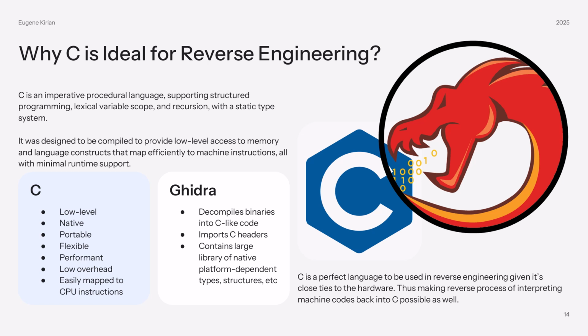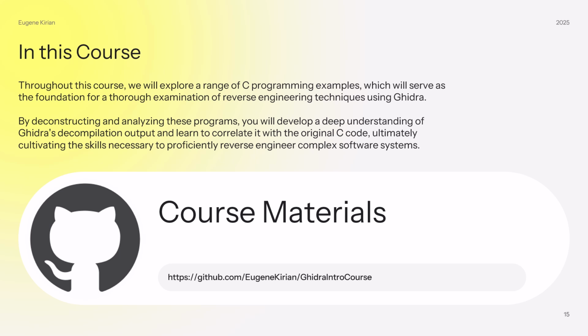Throughout this course, we will be exploring a range of C programming examples that will serve as a foundation for our journey into reverse engineering using Ghidra. By deconstructing and analyzing these programs, you will gain a deep understanding of Ghidra's decompilation output and learn to correlate it with the original C code.